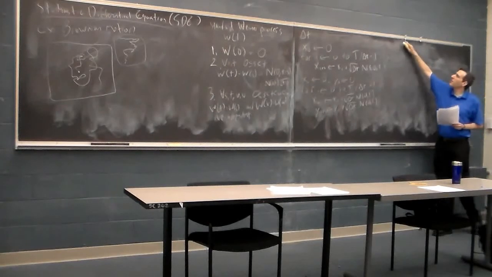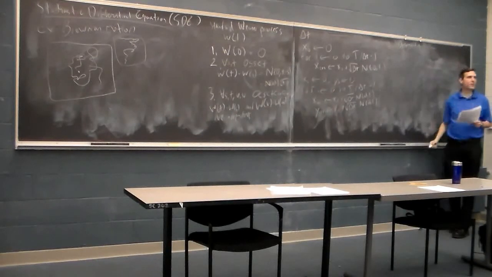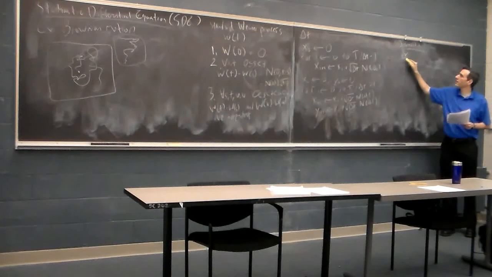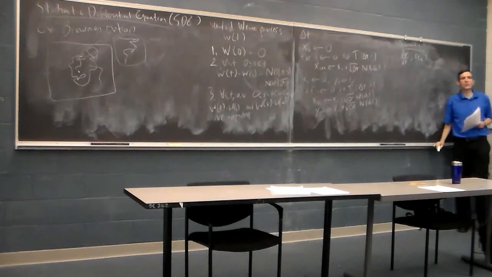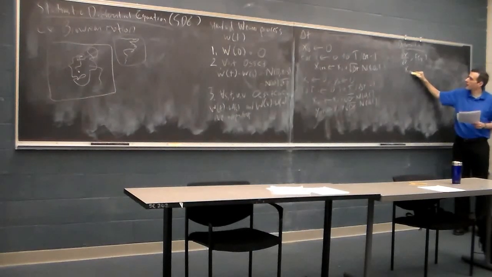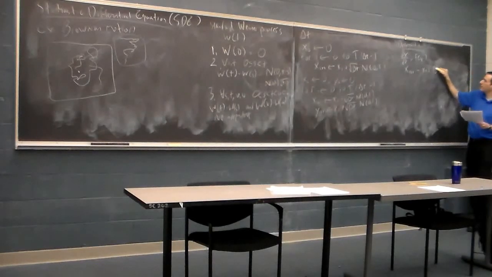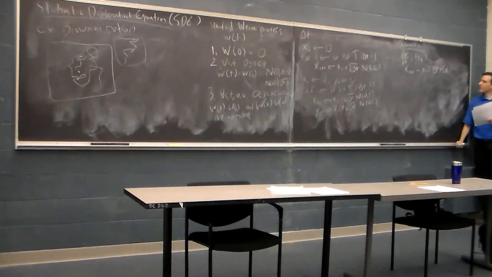In particular, if we were simulating a deterministic ordinary differential equation, say, then we would have something of the form dx dt equals f of x, which would be the system we're trying to simulate. And we would have equations of the form x sub n plus 1 equals x sub n plus delta t f of x sub n. That's just a statement of the forward Euler method.